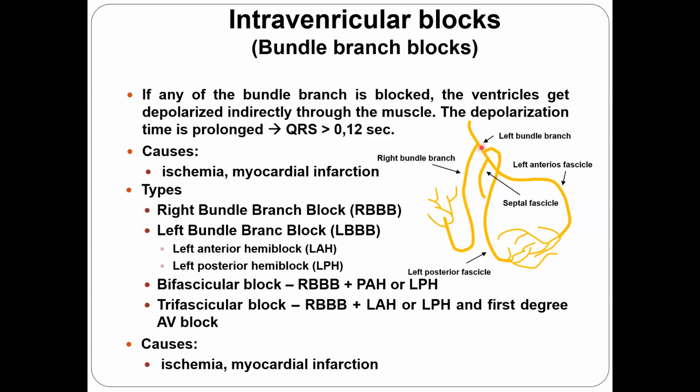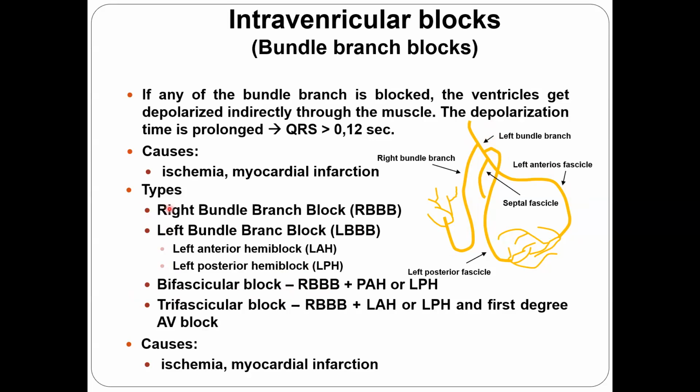The left bundle branch block: it's blocking the complete one, blocking everything completely, including the septal part and the anterior and posterior. But it could happen that this block occurs maybe only affecting the anterior fascicle or the posterior fascicle. We're talking about hemiblocks.